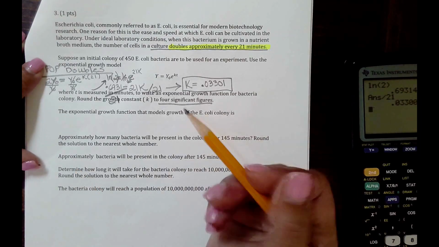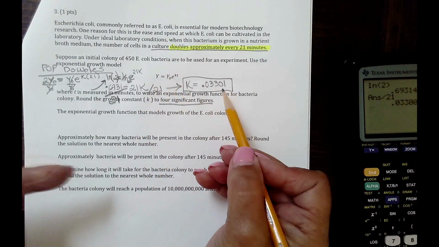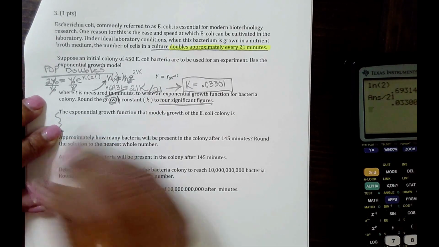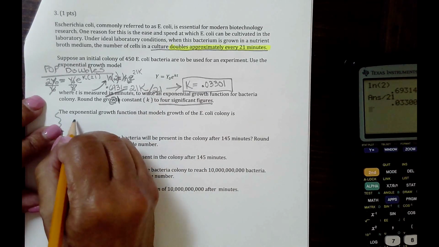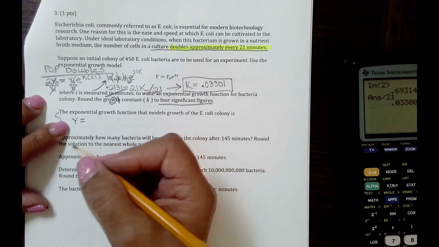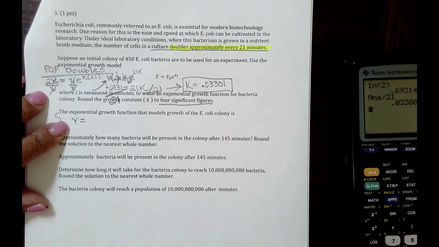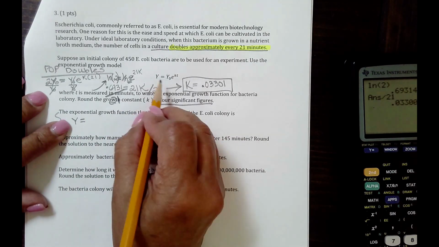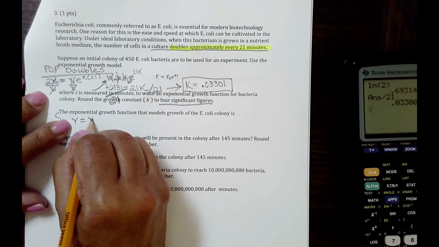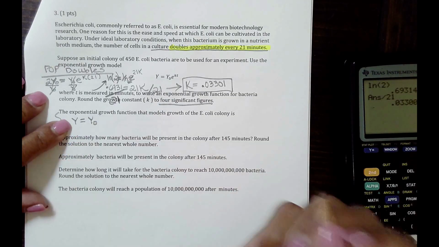Okay, and so if you want to rewrite this function with the new K value, it would look like this. That would be the answer to this question because they like to ask several questions. This will be for whatever the final amount grows into, and they can change that to whatever they want in each question. The initial amount never changes. So we just write y sub 0 again.